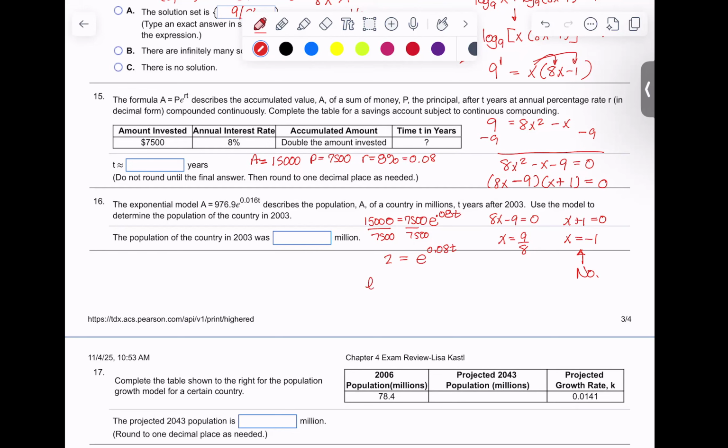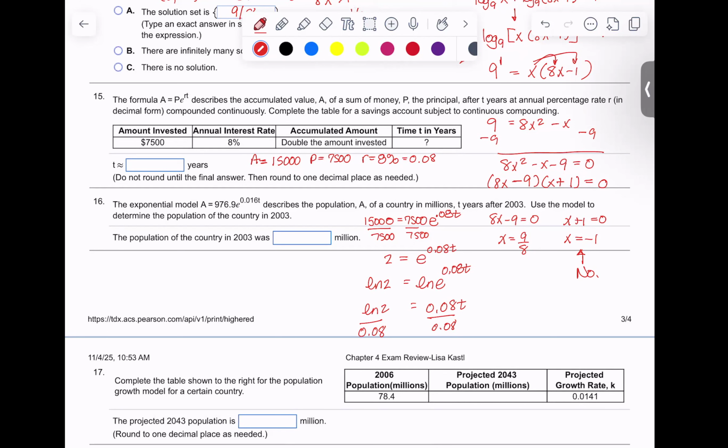So we're going to take the natural log of both sides. When I take the natural log of e to the anything, it is the anything. Divide both sides by 0.08. And that'll give me the time t in years.